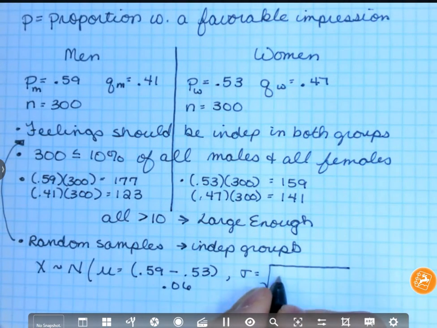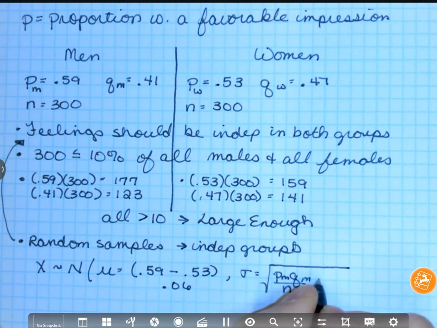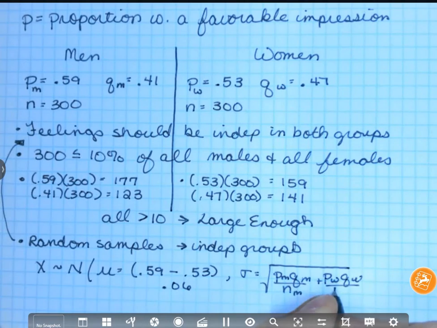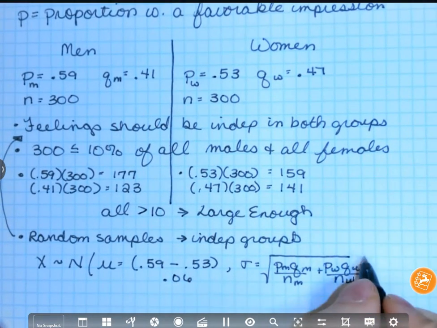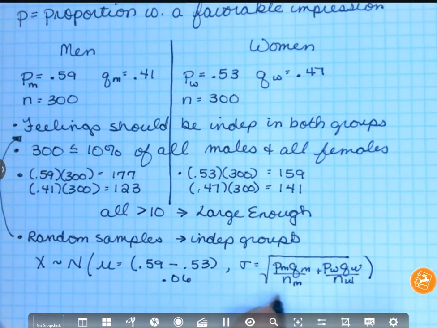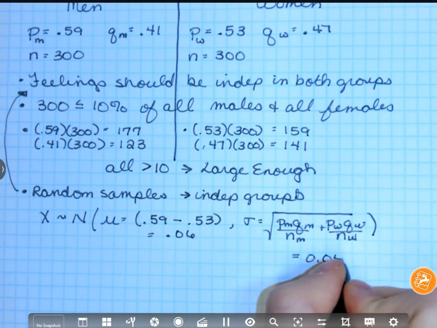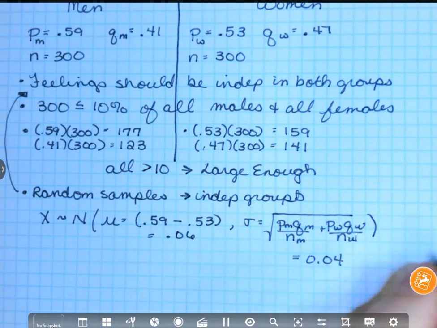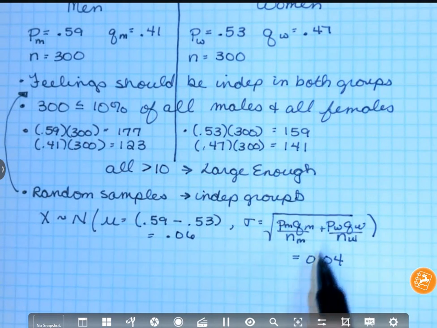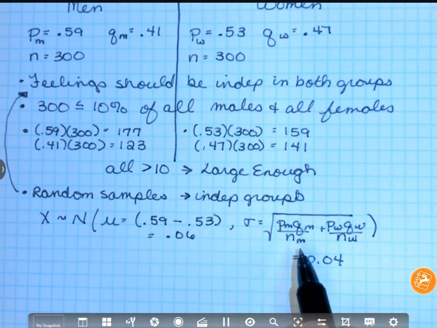In this case, you can do the square root of pM qM over nM plus pW qW over nW, because I have all of those things listed out. What would you say that is equal to? Can you give me a decimal for that? 0.0405. Because we're going to have to draw this for the next step, let's leave it at 0.04.